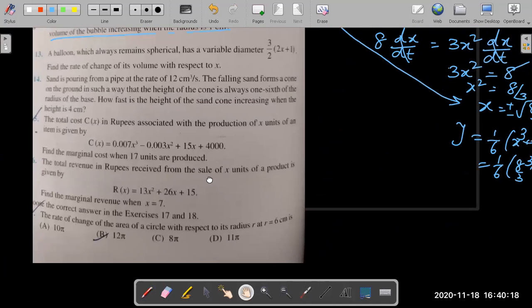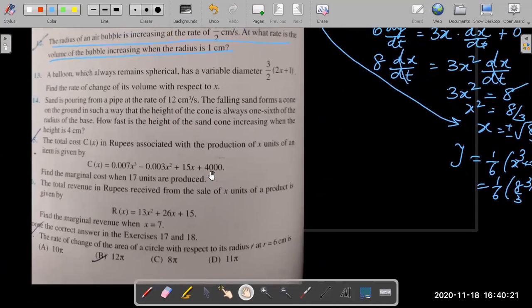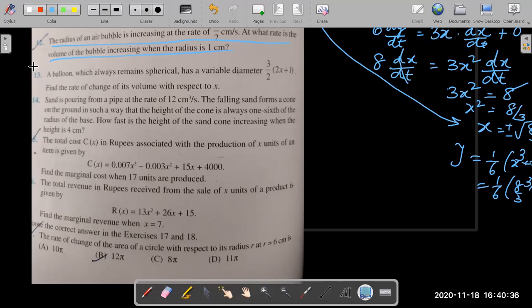So the 12th question is done. Now the 13th question: a balloon which always remains spherical has a variable diameter. Find the rate of change of its volume with respect to x. Okay, so we are taking this question.